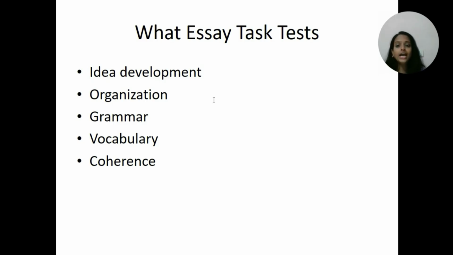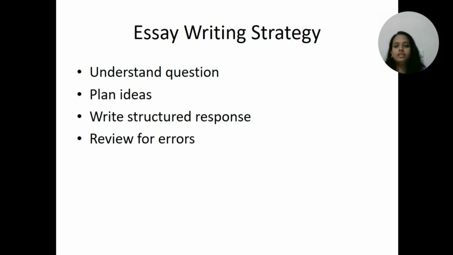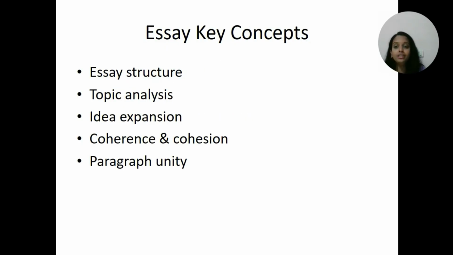Let me tell you important concepts. Every essay must have an introduction, body paragraphs, like paragraph 1, paragraph 2, and then finally you have to end with a conclusion. So this is the important structure. And the topic analysis, which means you have to identify the opinion, discussion, problem, solution, and then you can move on to the idea expansion.